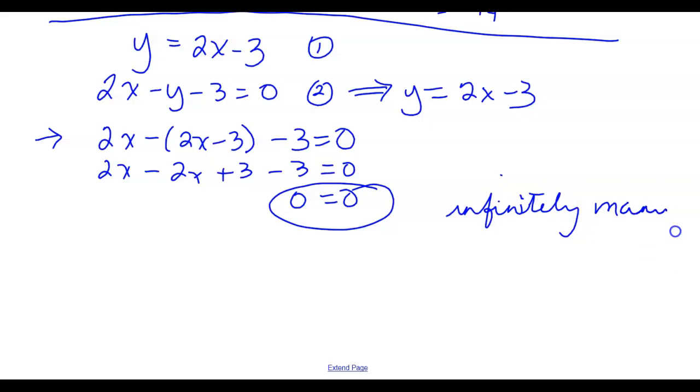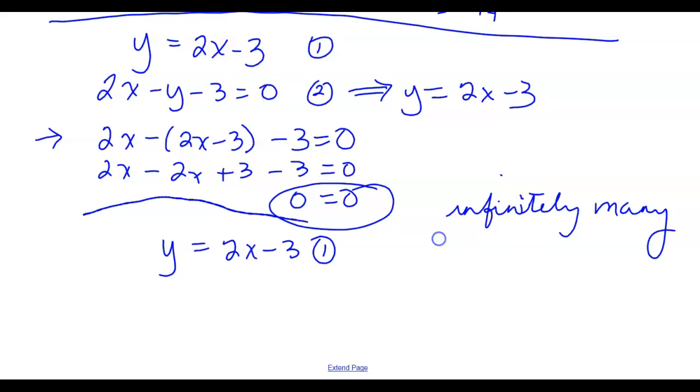Now, say I had this first equation. So this is a different system. And then I had 2x minus y minus 5 equals 0 as my second equation. Then when I substitute those in, the x terms are going to go away.